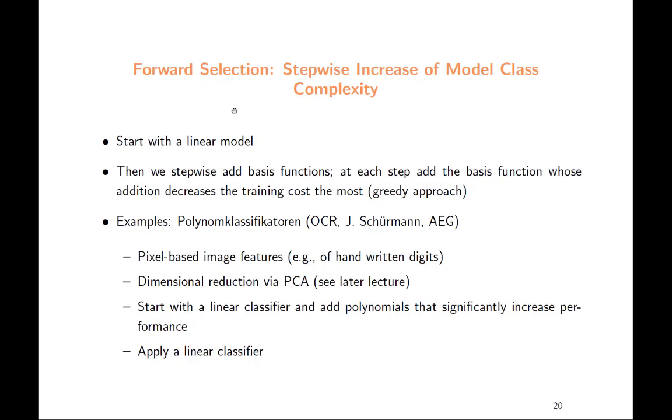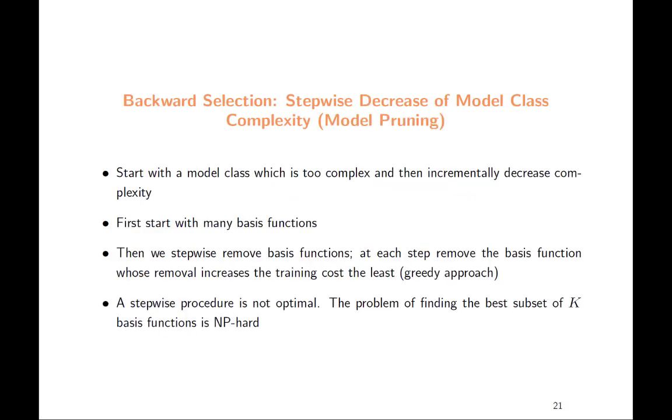And then at the end, you apply a linear classifier. So this is fast, simple, works well, and was in fact a very important application. It's called polynomial classification, and we used it in postal automation, AEG, and then later Siemens and other companies.